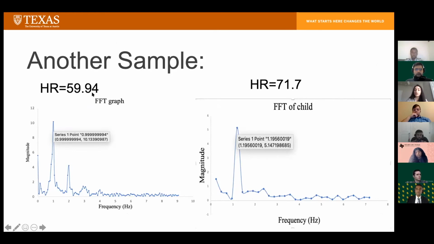In this case, the actual heart rate was 61. Still, it was only about 1 or 2 points of variation. And also the frequency was 1.195, and multiplying that by 60 gave us a heart rate of 71.7, which is pretty normal for a child, since children have a higher heart rate compared to adults.